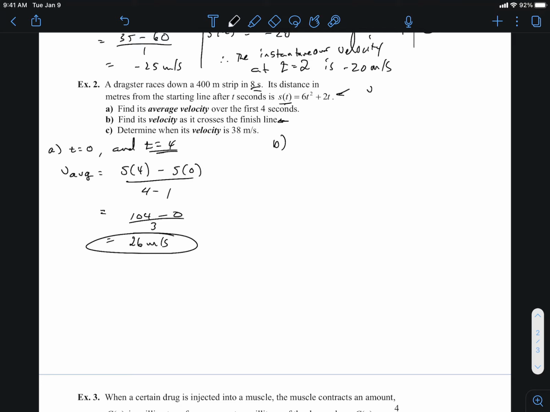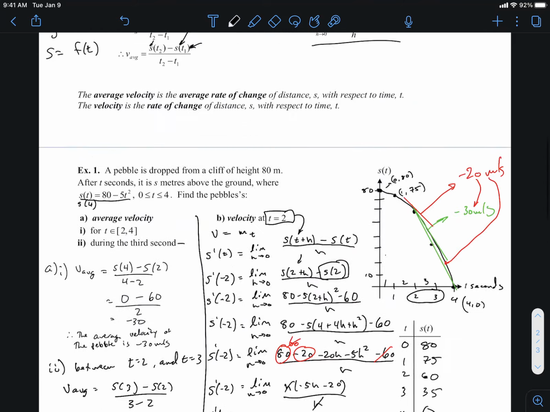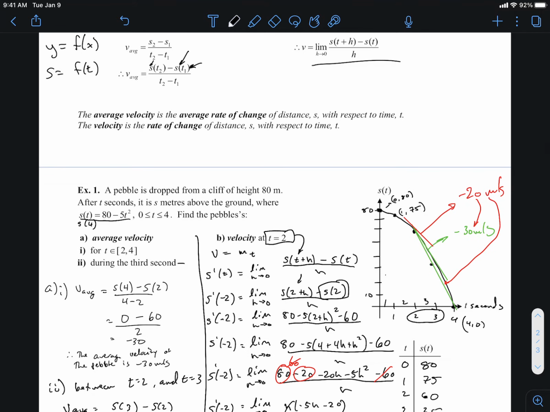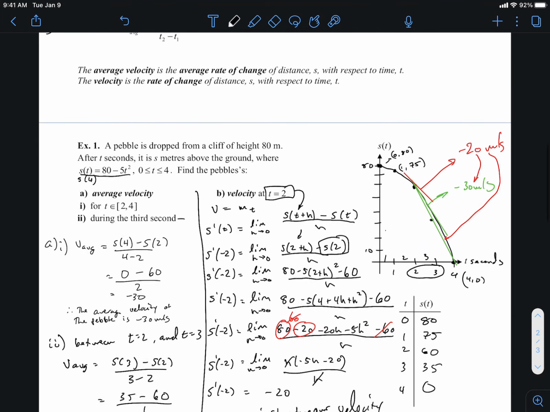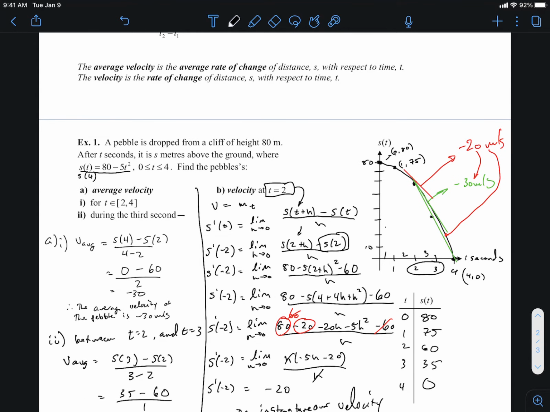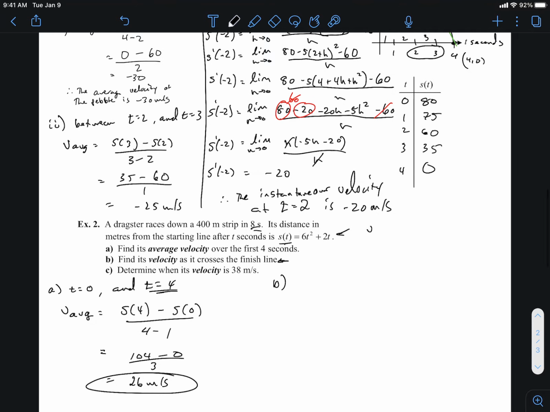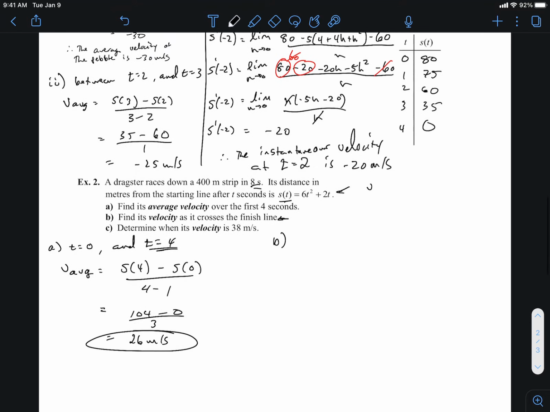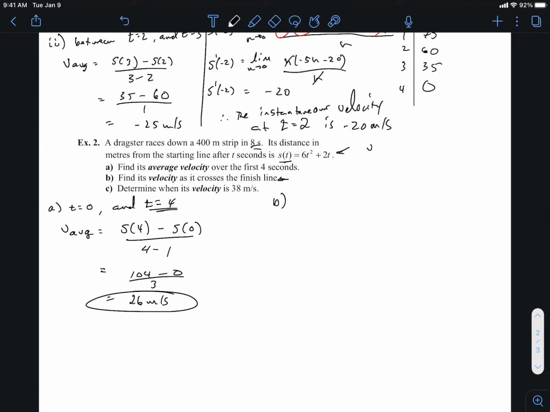Some of you may have seen this in physics, where we would have had a position time graph, much like what we had up here. And anywhere we found the slope, you will remember from grade 12 or 11 physics, if you've taken that, if we find the slope of a position time graph, we get the speed or the velocity at that particular time.